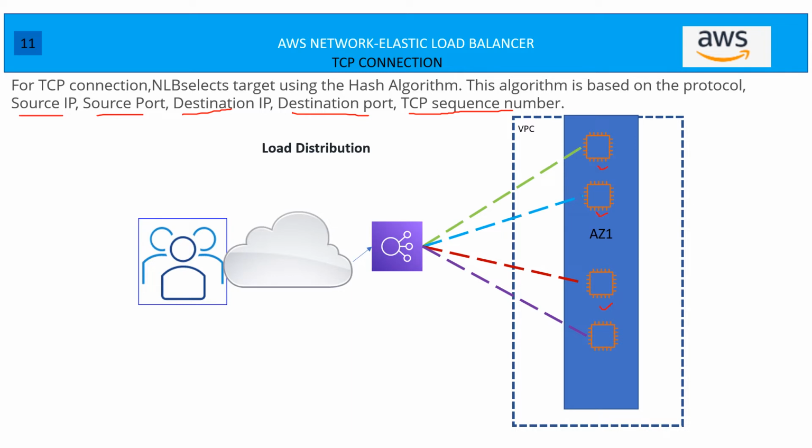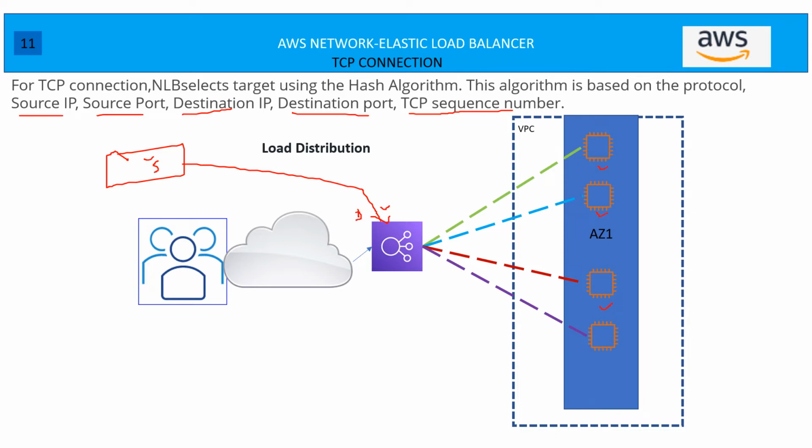So let's talk about the TCP sequence number. What will happen if I'm the user and I hit the load balancer for the same application? My source port is fixed, my destination port is also fixed, my source IP is also fixed, and the destination is also fixed.